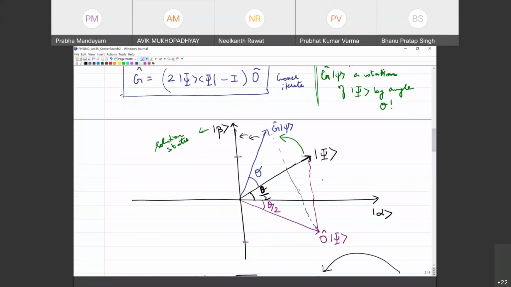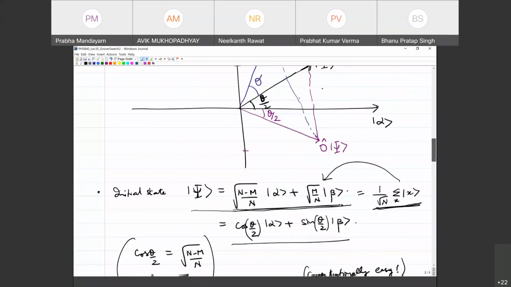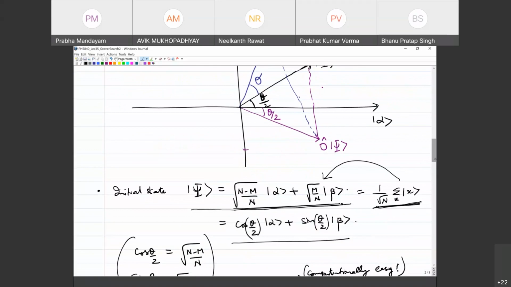But suppose I want to be exactly on beta, what is the angle by which I need to rotate? So this is the starting state. That's square root of (n minus m) over n alpha plus square root of m over n beta. So what is the ideal angle by which I should rotate to exactly get to ket beta?